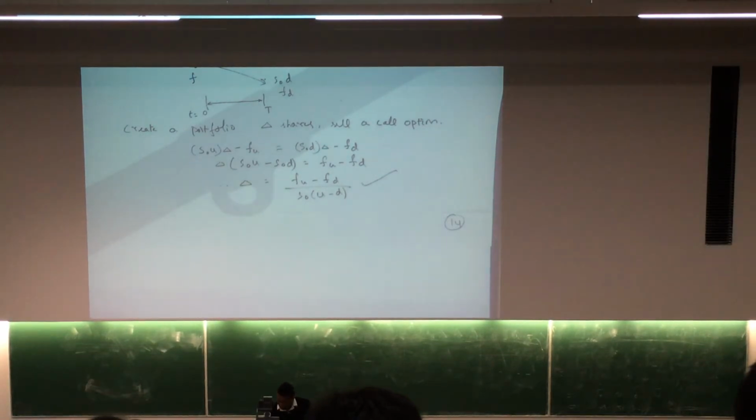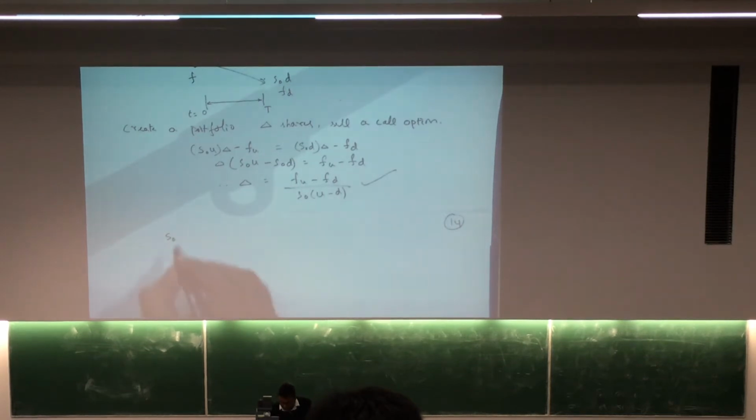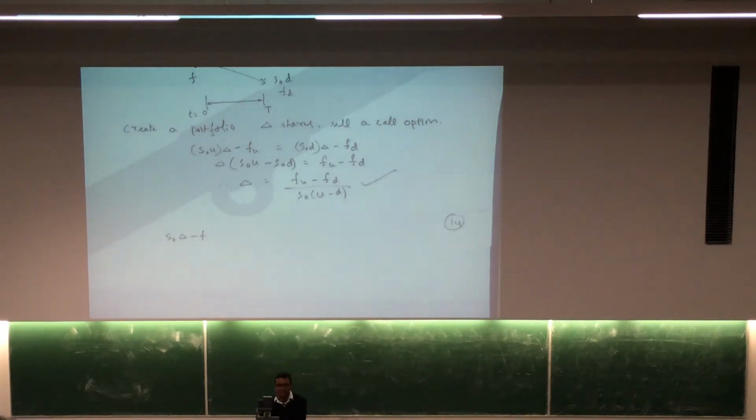The present value of the portfolio is S naught, that is the stock price at the moment, times how many stocks I am going to buy, delta, and of course there is some value to this.